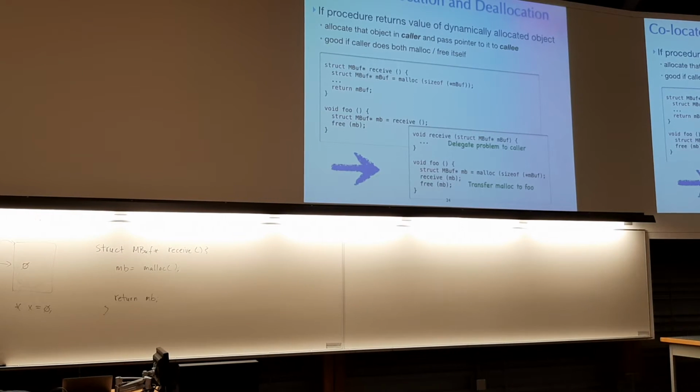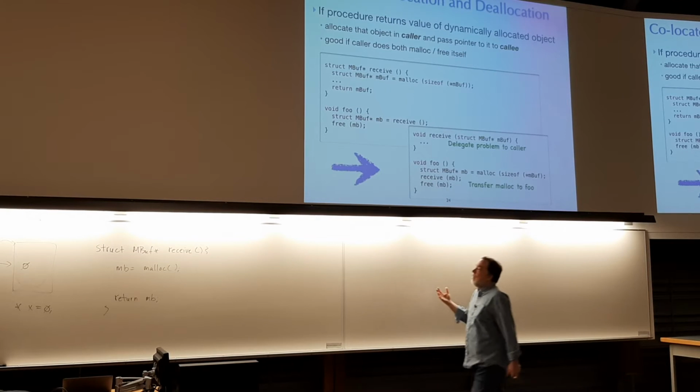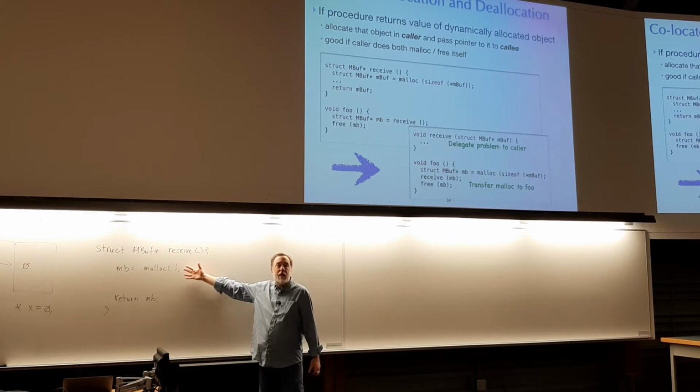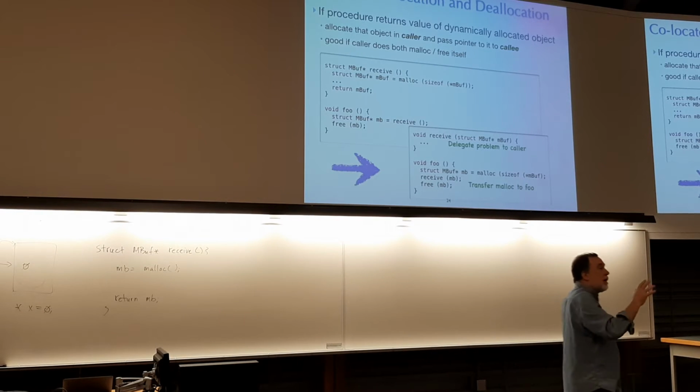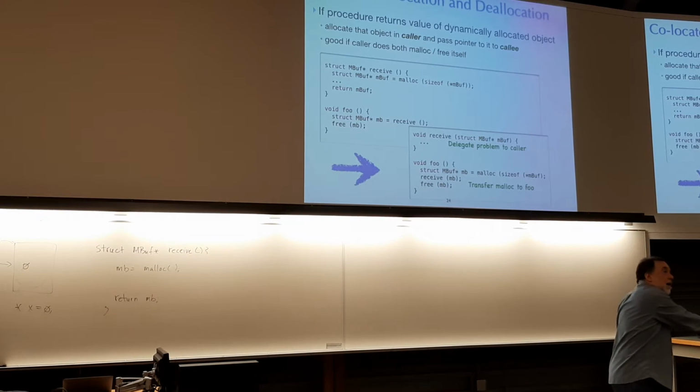If you think about Java programs you've written, you've done this a lot, actually. Many procedures that say new in them do something and return the thing they just allocated. So in many ways, the purpose of receive is to create this mBlob, and then it fills it in. Remember, this is taken from the operating system. It's receiving a message from the network.